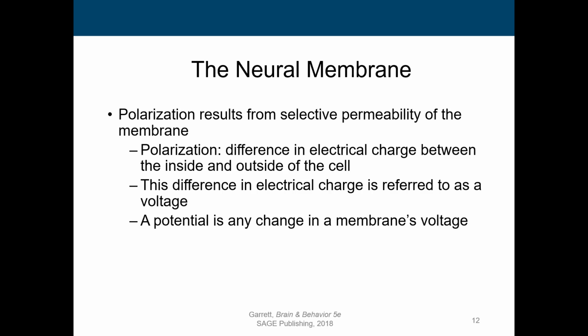So if we're going to talk about voltage for a minute, we can actually talk about resting potential. Just like you could hook up your car and get a voltage of your battery, you can also measure a neuron's voltage. And we're interested in the difference in charge between the inside and the outside of the membrane of a neuron at rest, and we call that the resting potential.